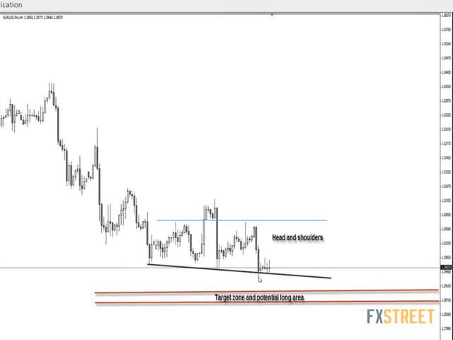So once this neckline is broken, we can take the short trade. Breakout trades you can trade with trigger happy, breakout retest continuation.